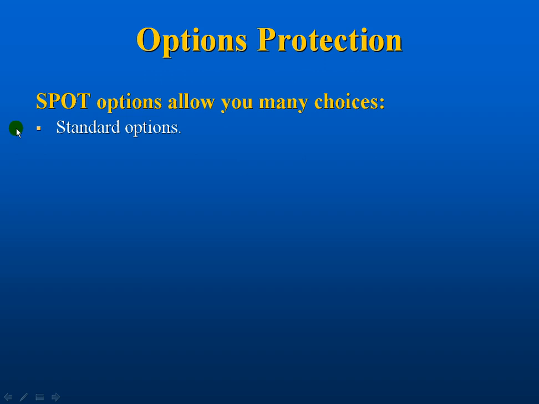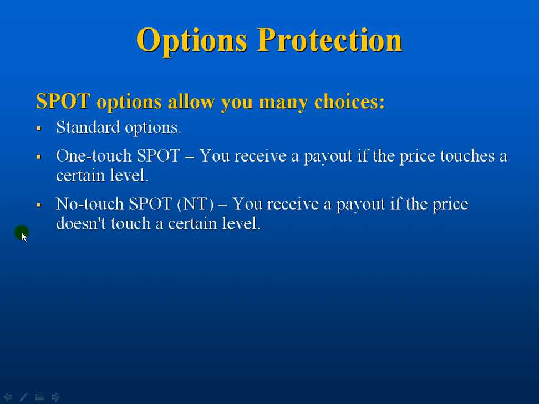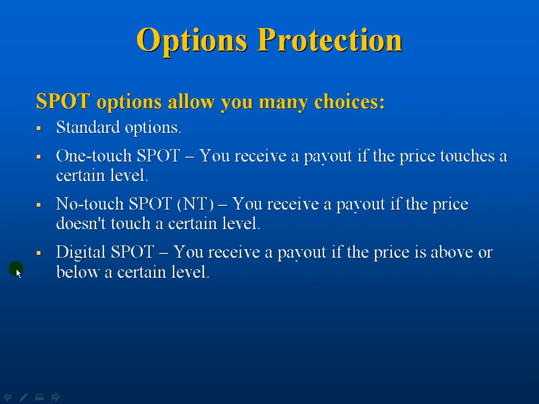There are standard options. There are one-touch spot options where you receive a payout if the price touches a specific level. No-touch spot options where you receive a payout if the price does not touch a certain level. Digital spot where you receive a payout if the price is above or below a certain level at expiry.